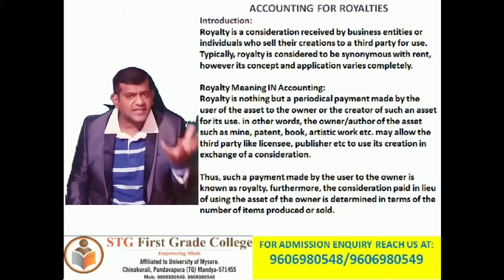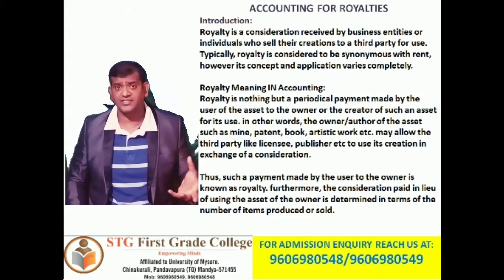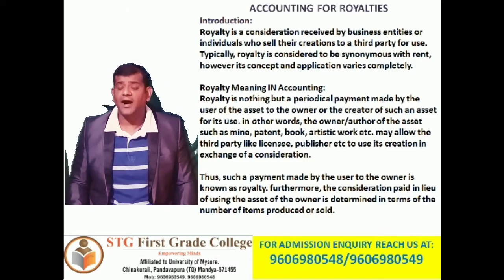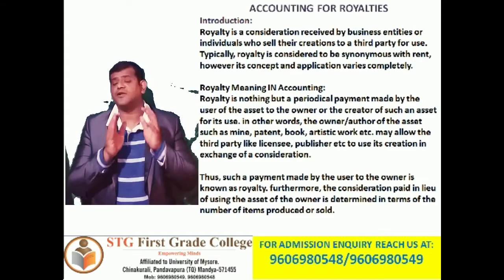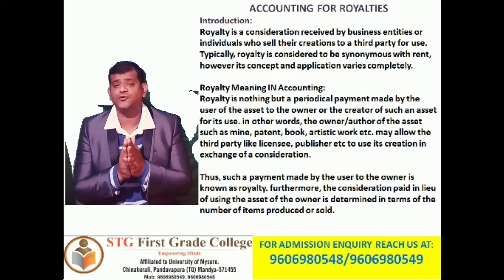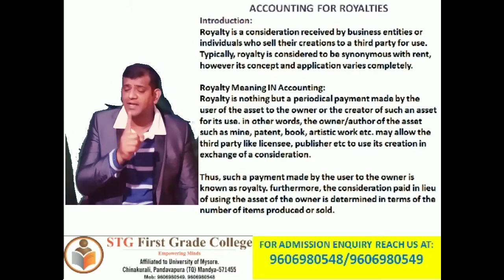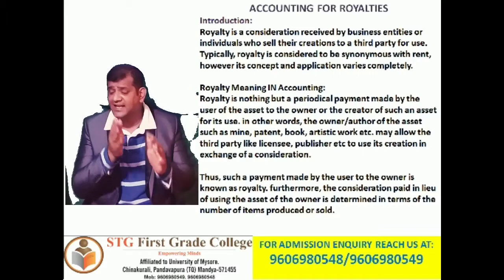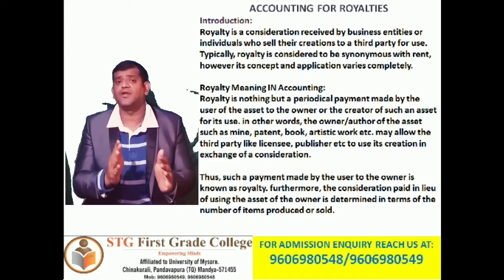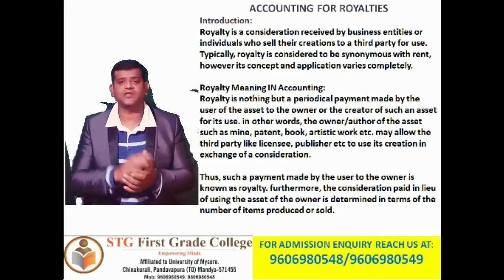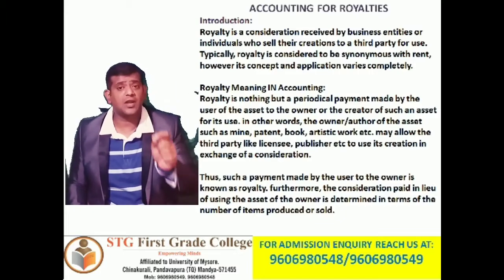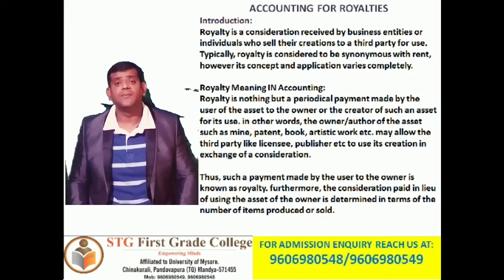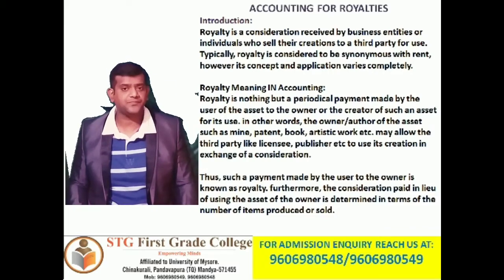Any kind of fixed asset, any furniture you are using, may be paid for with rent. But royalty is paid for using intangible assets. Royalty is exclusively payable on intangible assets or on availing special rights such as patents, copyrights, mines, etc.